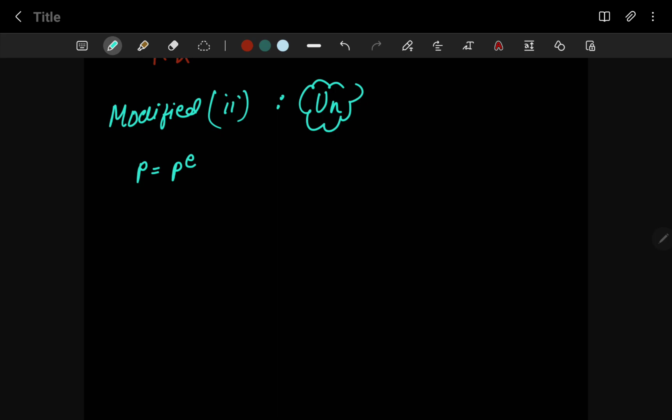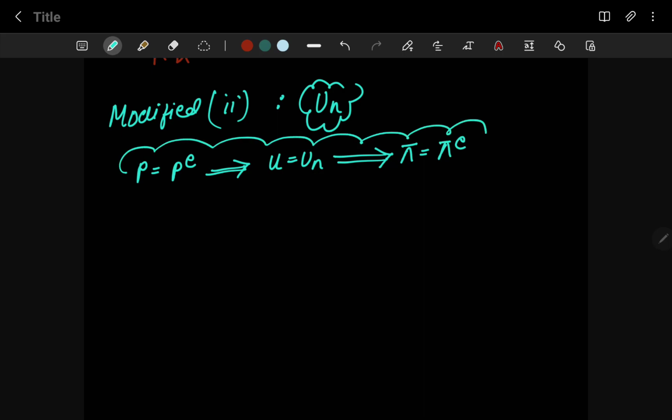Whenever P is equal to P^e, your U is equal to U_n, and whenever U is equal to U_n, your inflation is equal to expected inflation, right? These three come hand in hand.